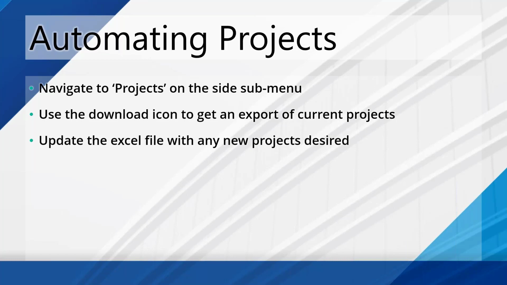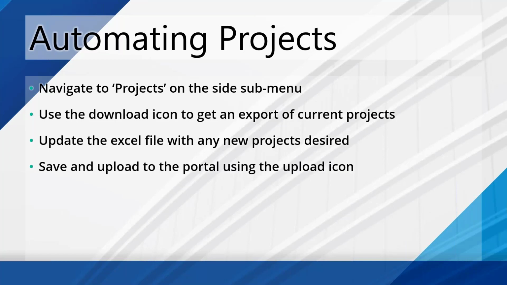You can update that data in an Excel file with any new projects that you want, and you can update information on existing projects. You can update dates. And then once you're done, you can save that file and re-upload it, publishing it to the portal using the upload icon right next to the download icon. Ultimately, it's pretty much that simple.